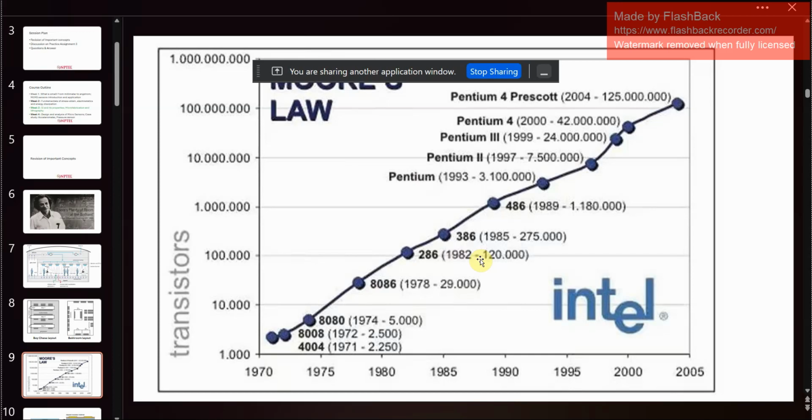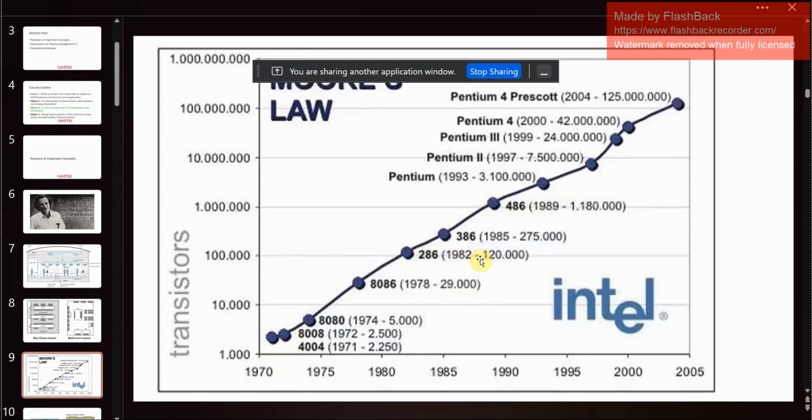The 4004 microprocessor in 1971 had 2250 transistors. A Pentium 4 processor in the 2000s had around 42 million transistors. So you can see that in the span of just 29 years, the number of transistors has increased so much. That is how Moore's law works.